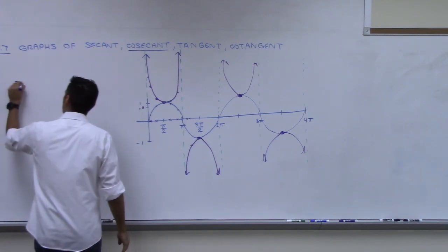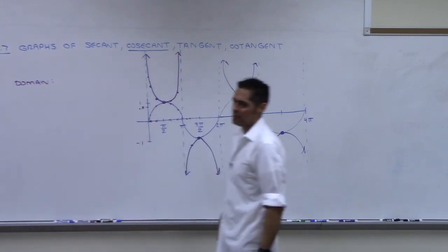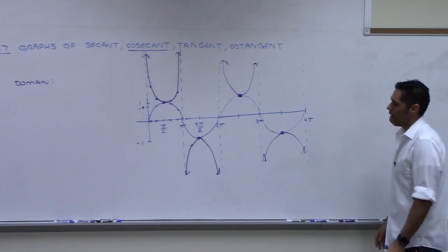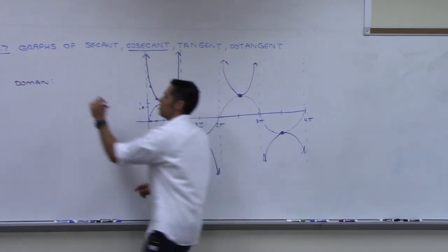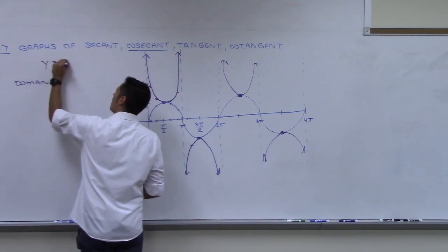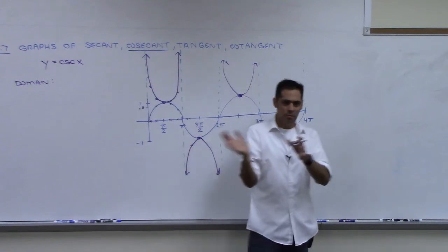So domain. Domain's going to be tough. Domain is not as easy as it was with sine and cosine. Just to be clear, I'm just talking about the basic cosecant function. There's been no changing to it, no moving it around or anything.